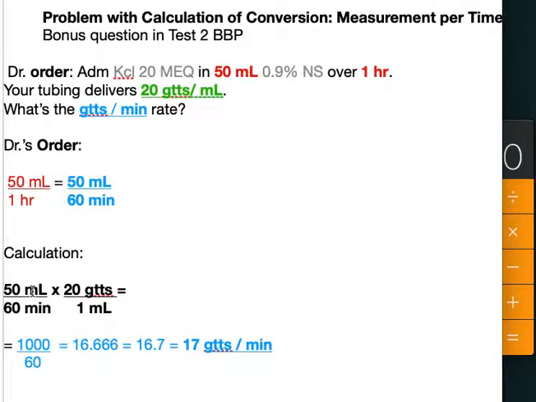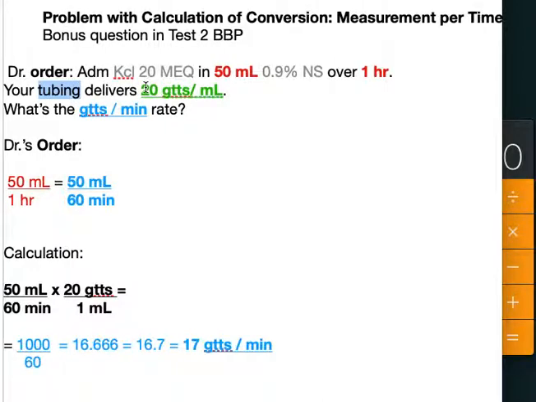But when we are doing the multiplication, the units will not matter at all. We'll just work with the numbers, okay? So we are multiplying our fraction 50 over 60 that we found after we converted 1 hour into 60. So 50 over 60 times, and then the tubing, the equipment. This is how the equipment works.